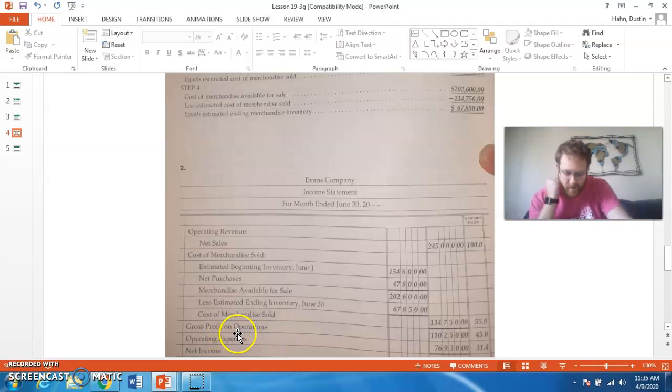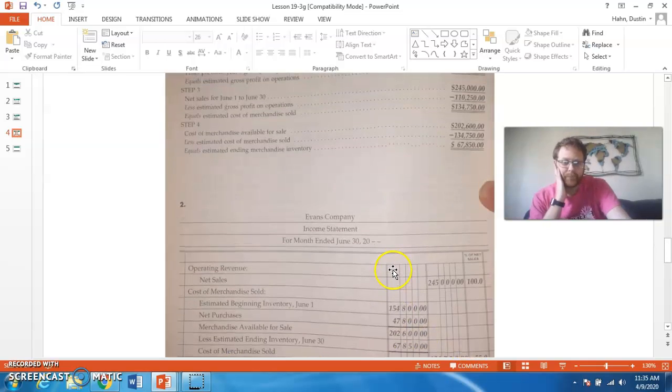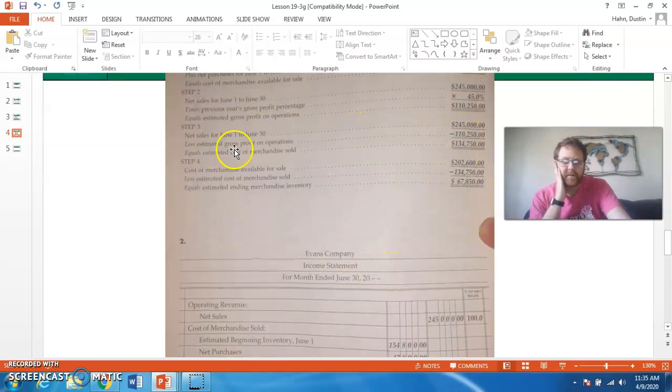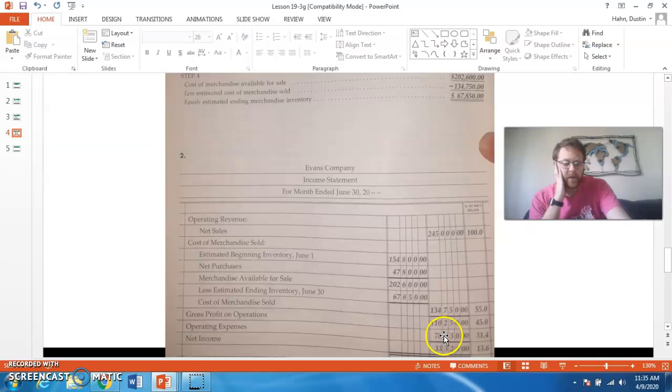Your gross profit on operations, your 110,250. Right here is your estimated gross profit on operations right here under step 3. And that's what you found in step 2. That 110,250 shows up again. Your operating expenses is your 76,930.